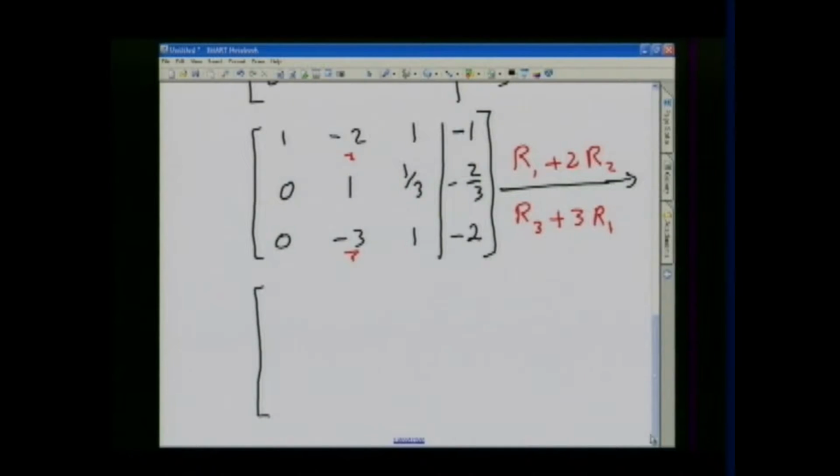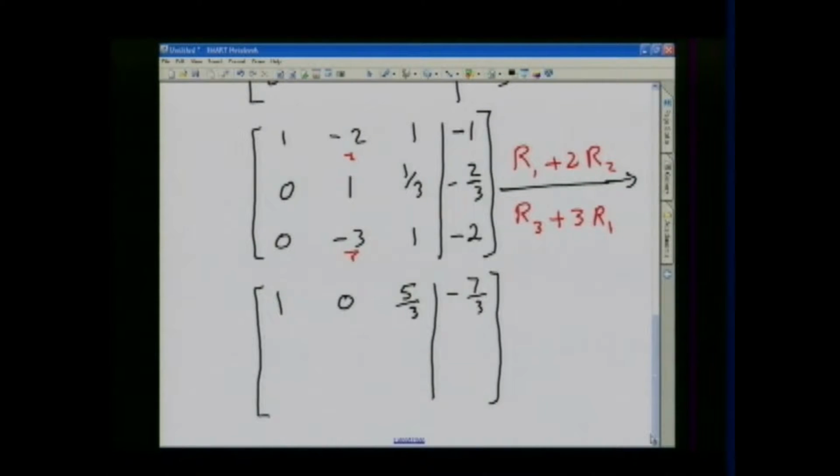That's going to give me, for row 1, 1, and then 0, and then 5/3, and minus 7/3.